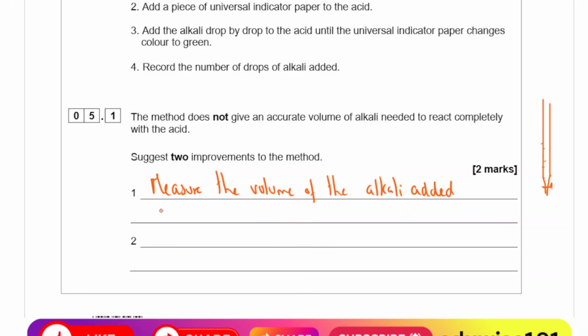Another improvement is you could repeat and calculate a mean. Mean value for the number of drops.